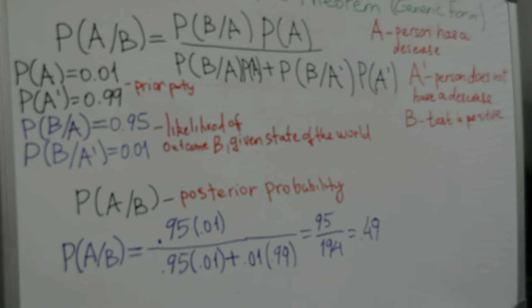So given that test is positive, the probability that person has a disease is almost 50%. So on its own, a random person when pulled from the population has only 1% of chance that he has a disease.